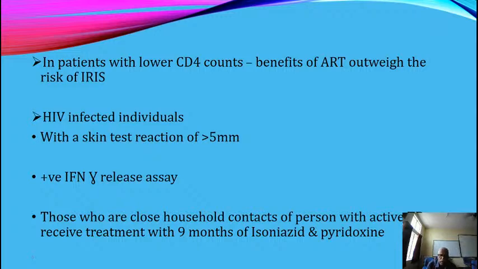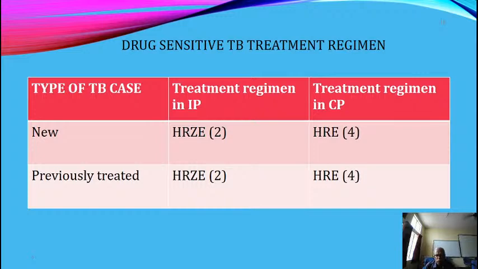The total duration of treatment is 9 months here. Usually we give 2 months intensive phase and 4 months continuation phase, but since it is an HIV patient we give for longer. HRZE for 2 months, that is isoniazid, rifampicin, pyrazinamide, ethambutol.